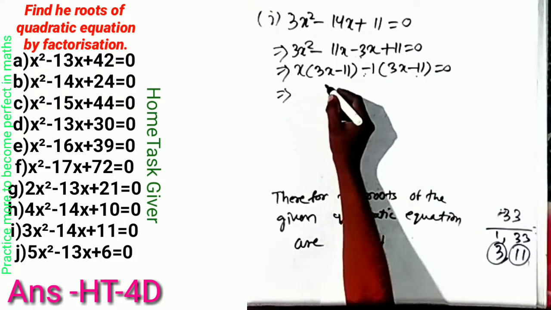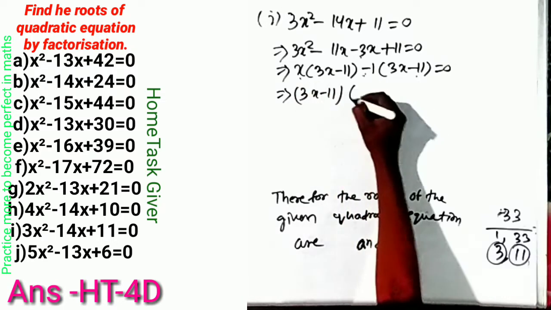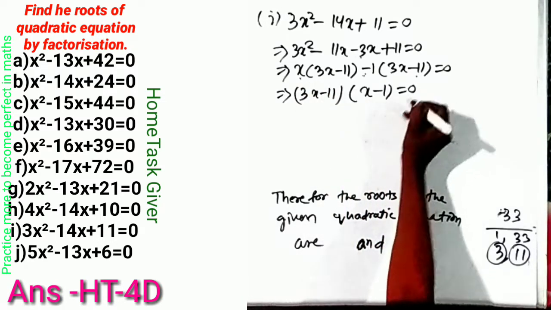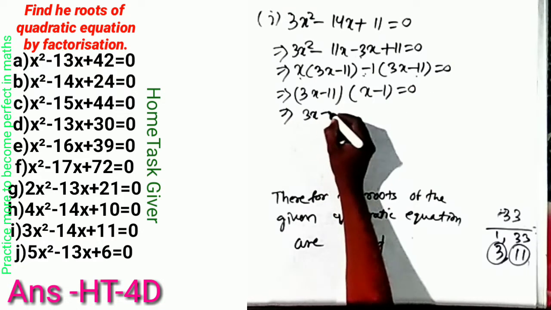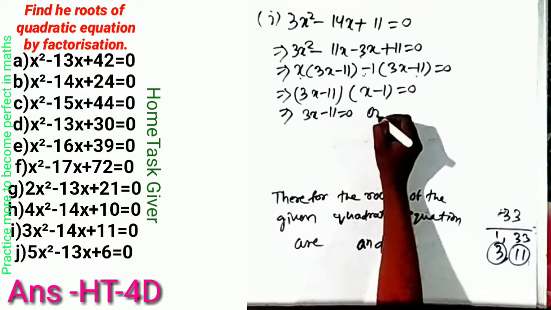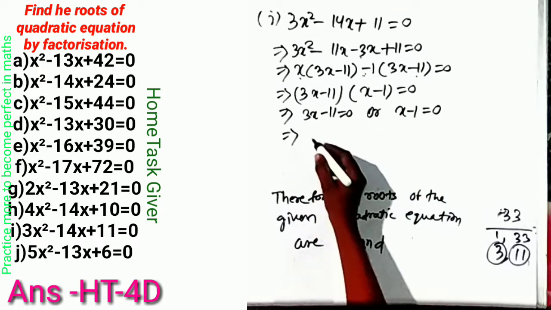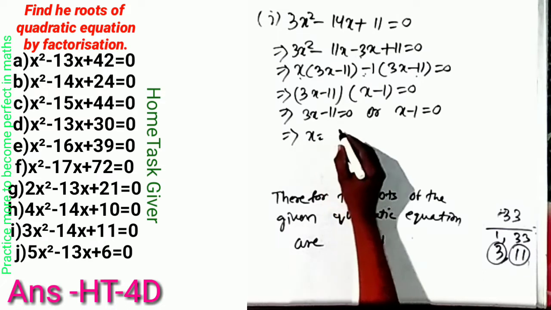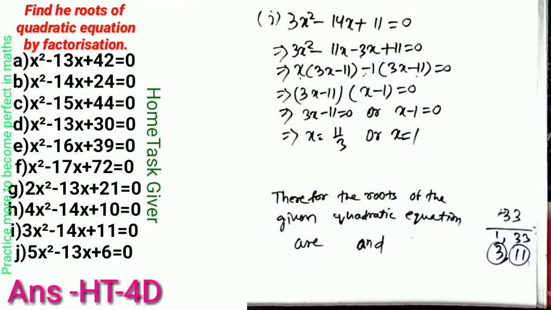So here 3x minus 11 is common, 3x minus 11 common लिया क्या x minus 1, x minus 1 equal to 0, imply that 3x minus 11 equal to 0 और x minus 1 equal to 0. x equal to 11 by 3 or x equal to 1. Therefore the roots of the given quadratic equation are 11 by 3 and 1.